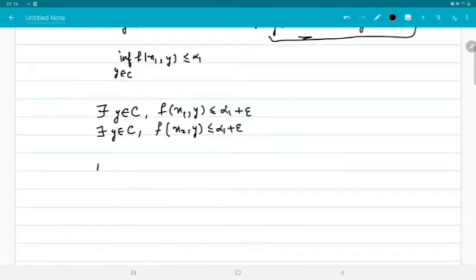Now f is quasi-convex, which is given to us.